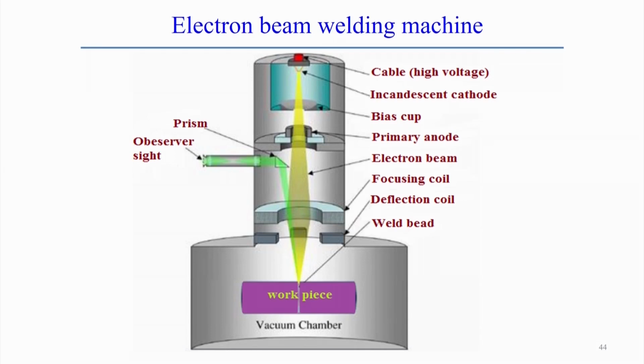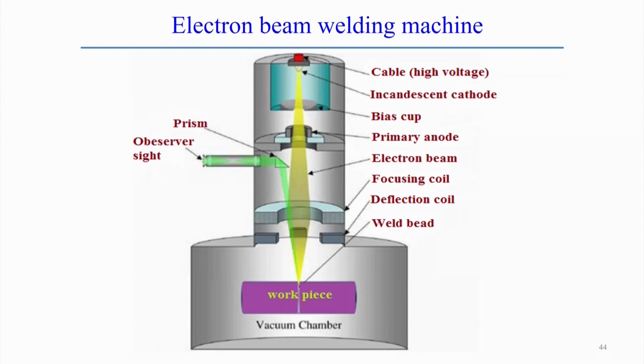Then the primary anode and cathode create the circuit in this case. And then the electron beam, the yellow color shows the electron beam.